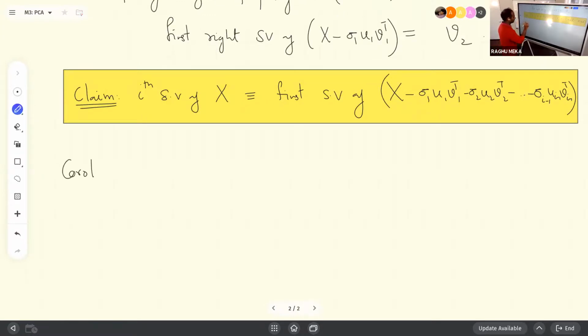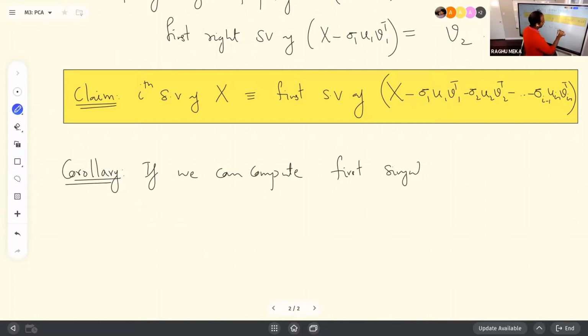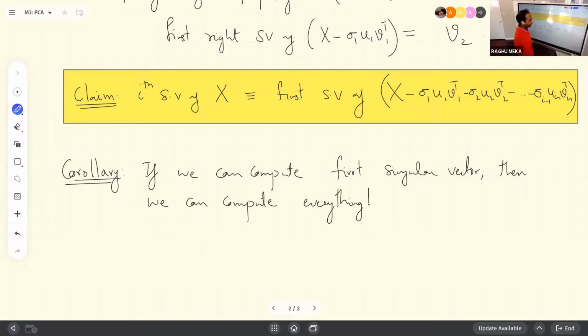Corollary: if we can compute the first singular vector, then we can compute the rest.